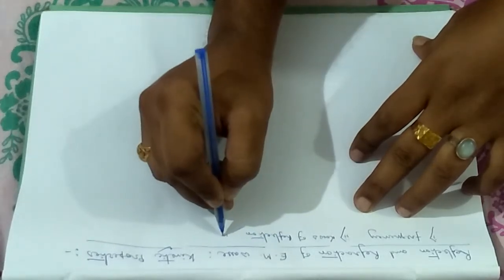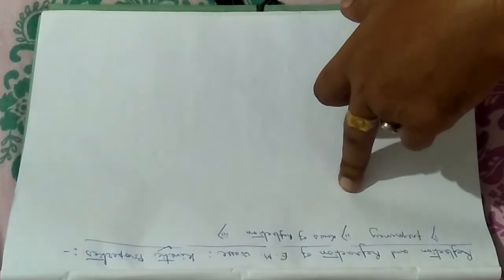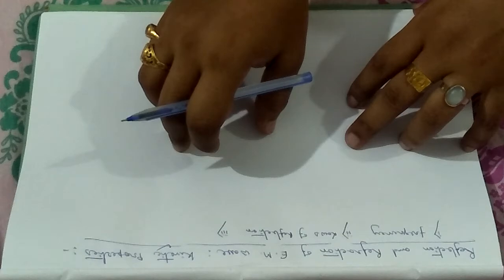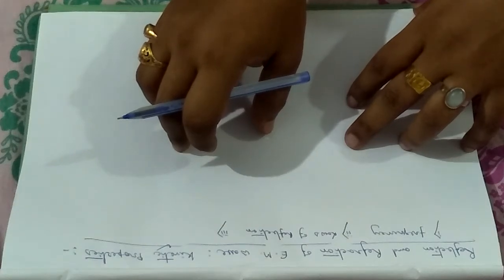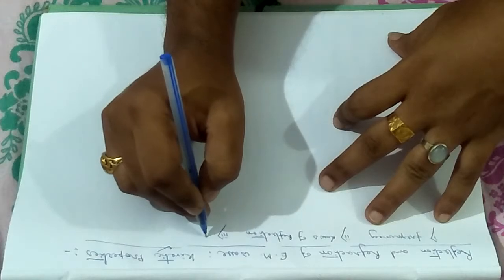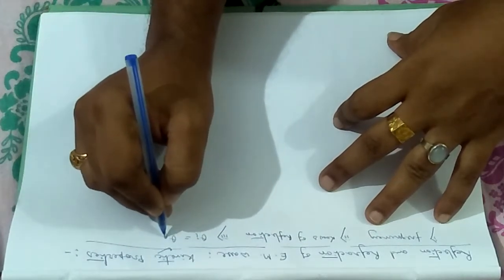The third, we will try to prove that in case of reflection, the angle of incidence is exactly equal to the angle of reflection. That is, theta I equals theta R.